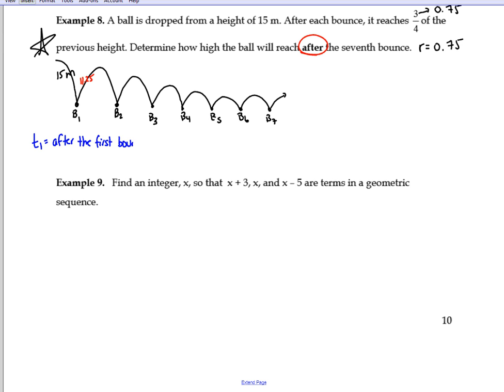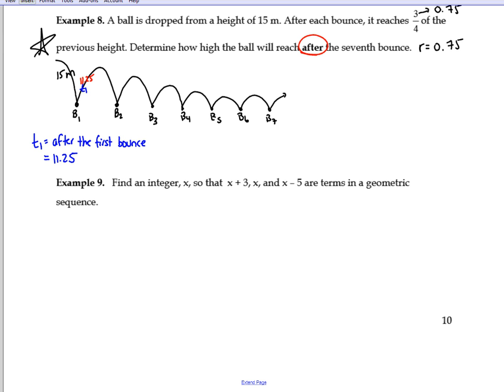In this case, how high is that? How high did it go after the first bounce? 11.25. Okay, I'm going to make after the first bounce the first term. Because if I make it the first term, then after the 7th bounce would be the 7th term. And we can even write them out. If we make this term 1 going up, all the ups.